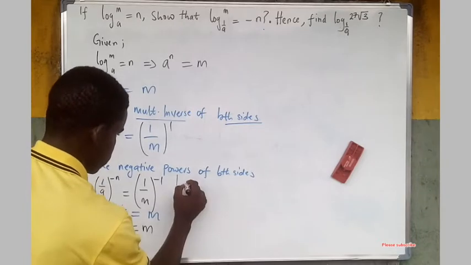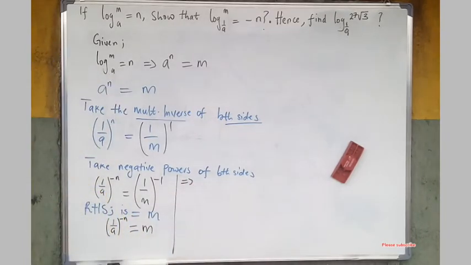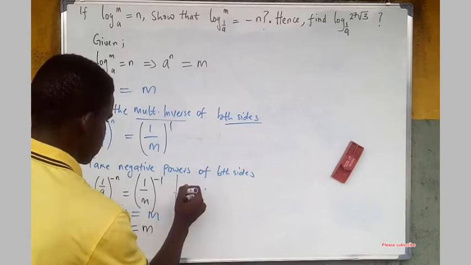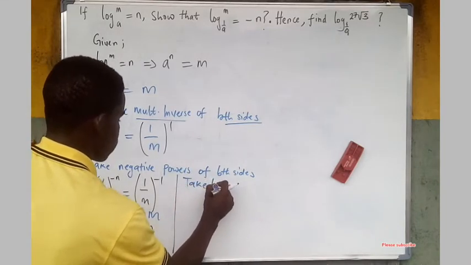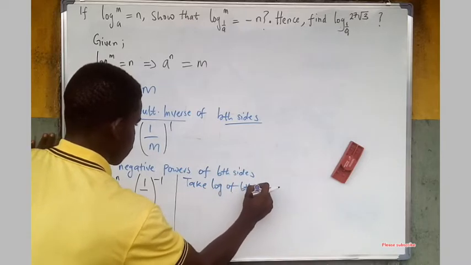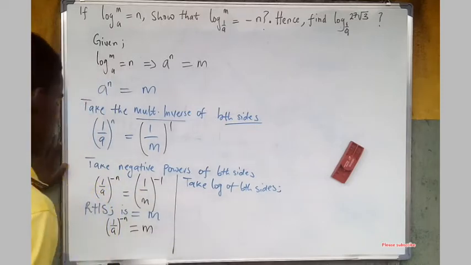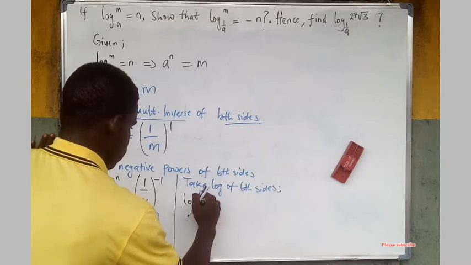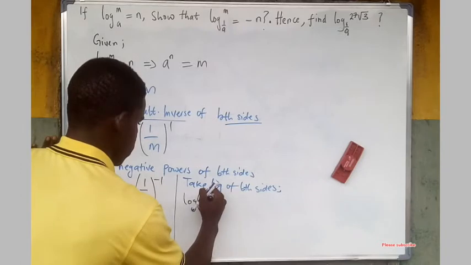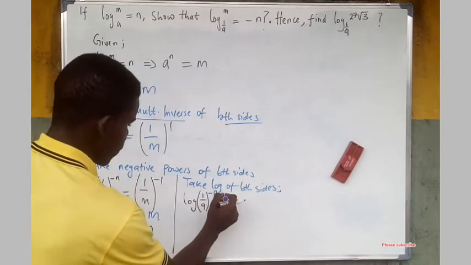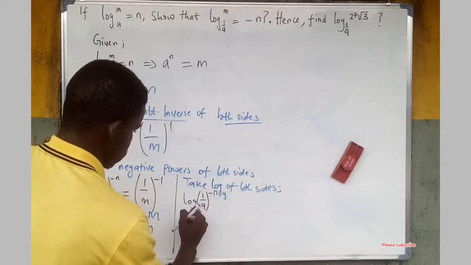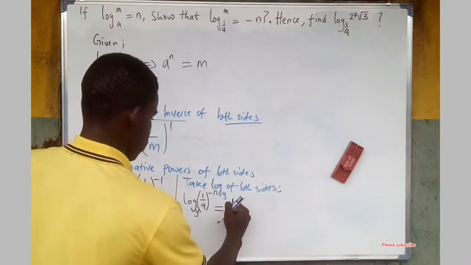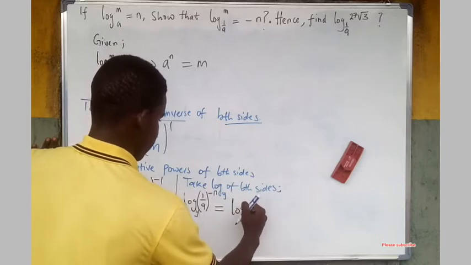This implies that if you take the log of both sides, let's say we take the log to base y of both sides, we would have log of 1 over a raised to the power negative n, to base y, equivalent to log to base y of m.